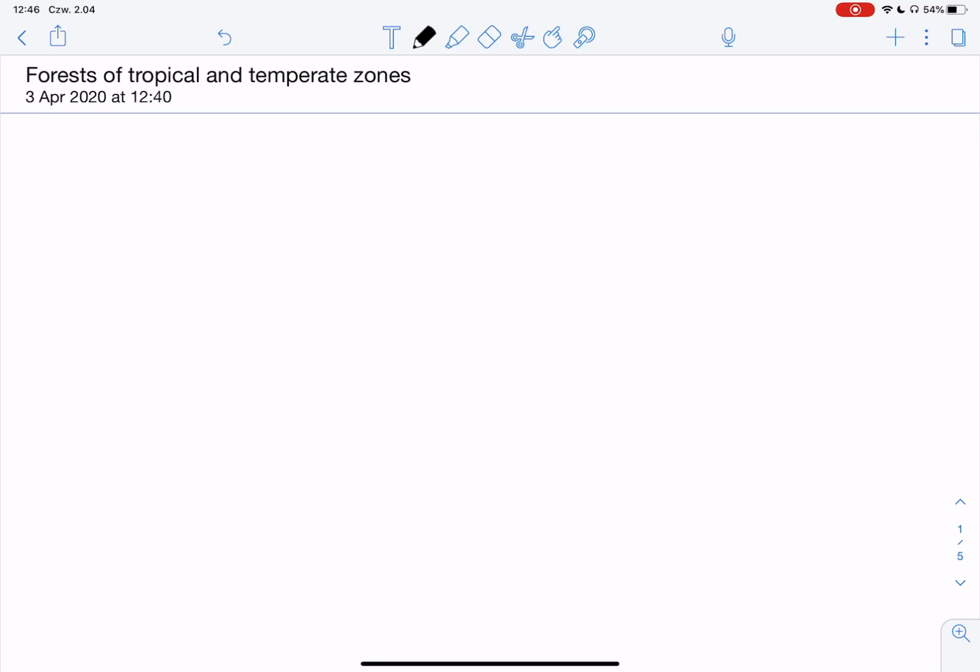And today we are going to start a series of lessons during which we will be going through different climate zones around the world. And the first thing that we're going to talk about are the forests.